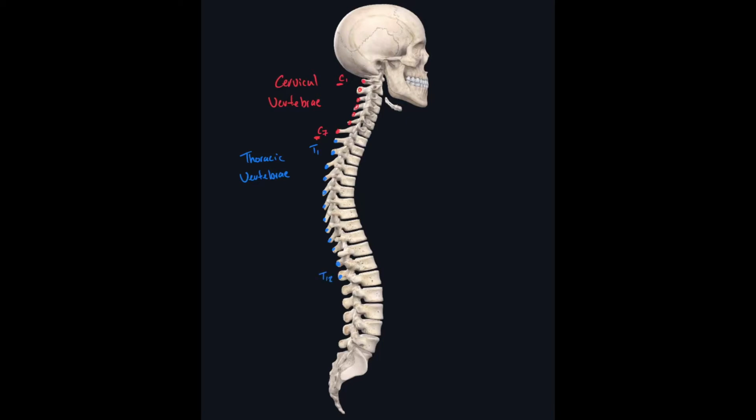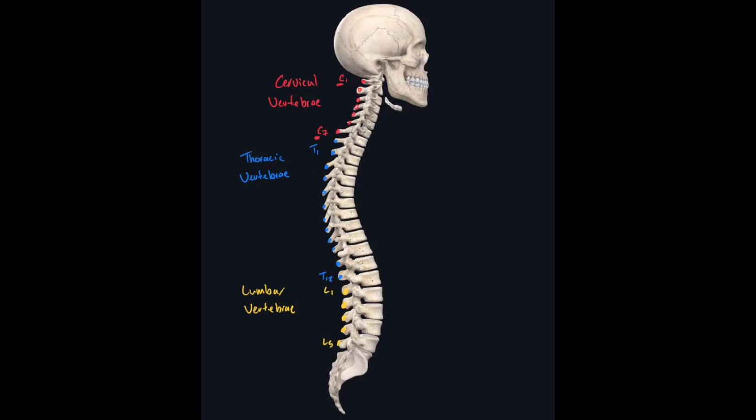The third group of vertebrae belong to the lumbar vertebrae. There are 5 of these, ranging from L1 to L5.